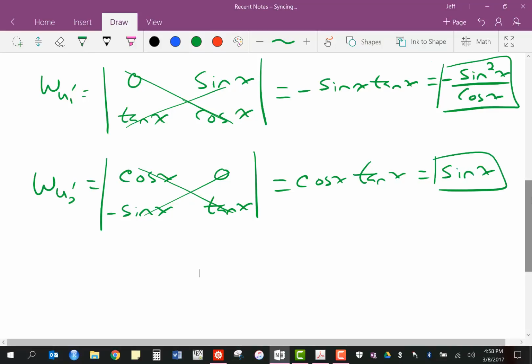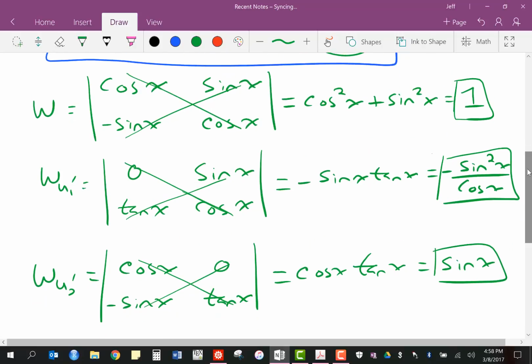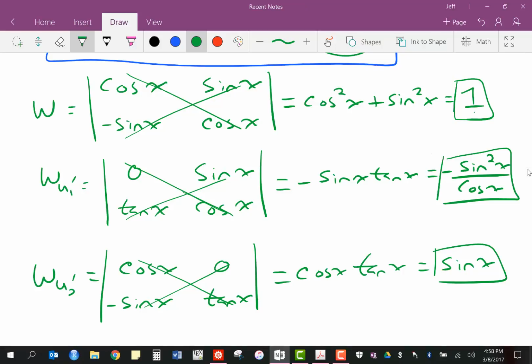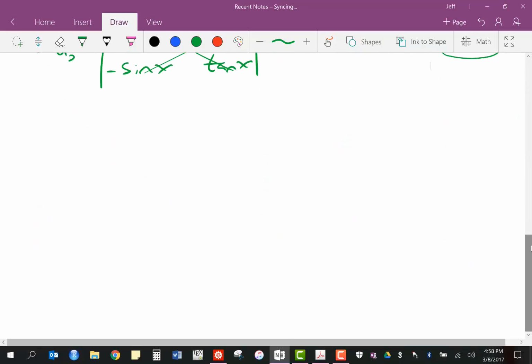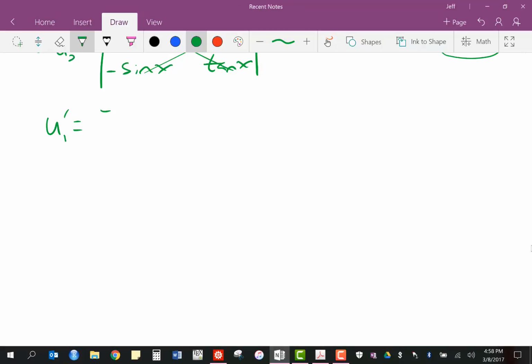All right, so what did I get? I got that the Wronskian, the determinant of the coefficient matrix, is 1. I got that the Wronskian for u sub 1 prime is equal to negative sine squared over cosine of x, and the Wronskian for u sub 2 prime is equal to the sine of x. So that means that, again using Cramer's rule, u1 prime is going to be equal to the Wronskian with the u1 prime substituted.